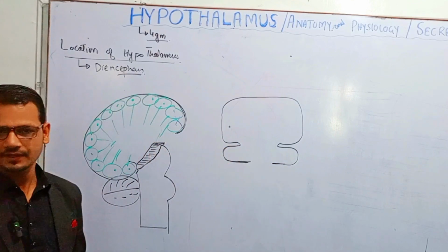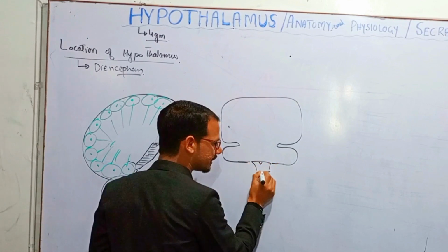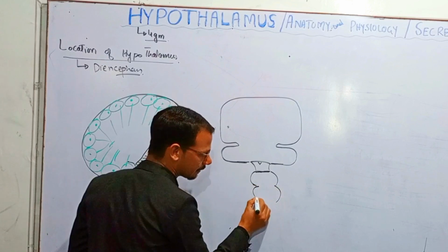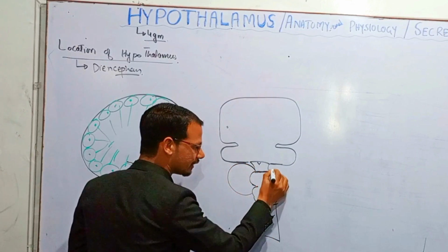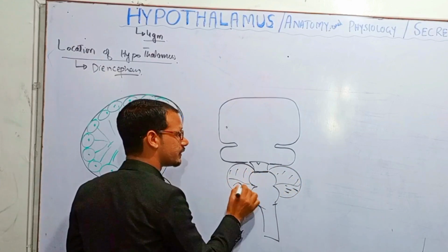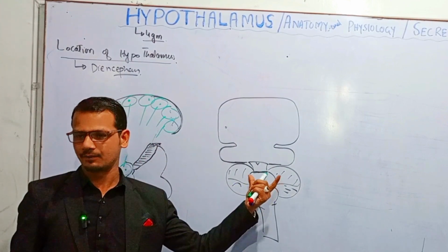If I make this diagram from the front, we will see that this is the cerebrum, the 2 lobes, right? And here we will see the midbrain, and here we have the brain stem or hindbrain, the pons and medulla, and on each side we will see the cerebellar hemispheres. These are cerebral hemispheres, and these are cerebellar hemispheres.